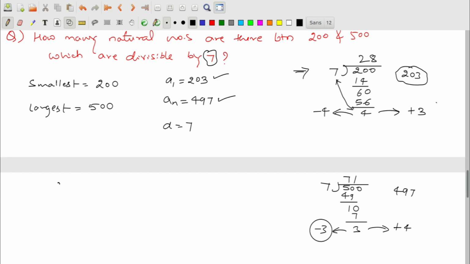Apply the an formula. Now an is equal to a plus n minus 1 into d, and here an is 497 and the first term is 203, plus n minus 1 into 7, right? So now the difference 497 minus 203 gives 294 is equal to n minus 1 into 7.